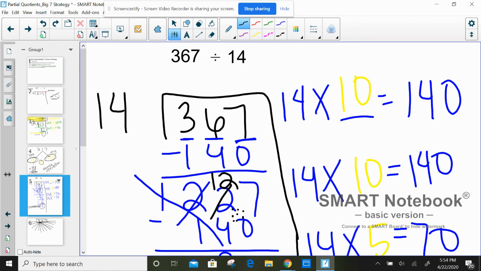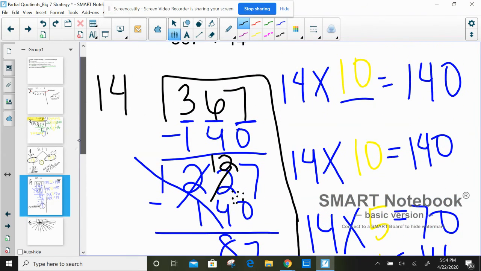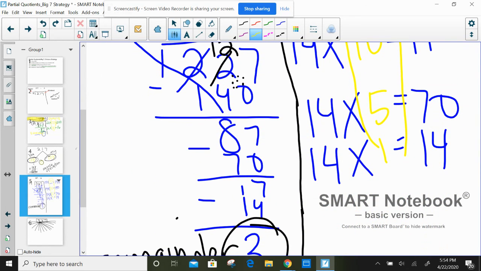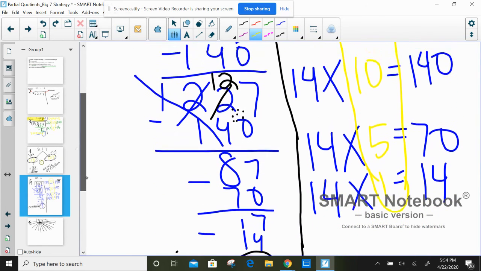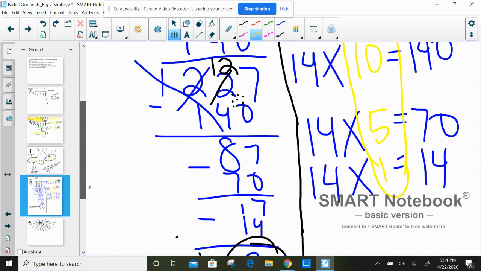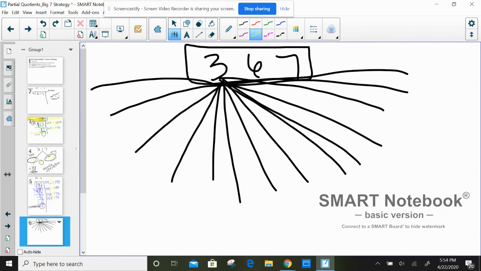That means each person that we're giving, let's say it's cookies again, you're going to add all these together. 10 plus 10 is 20, plus 5, plus 1 is 26, okay? That means if we're going to divide this up into 14 groups, each group will get 26 of whatever that is.